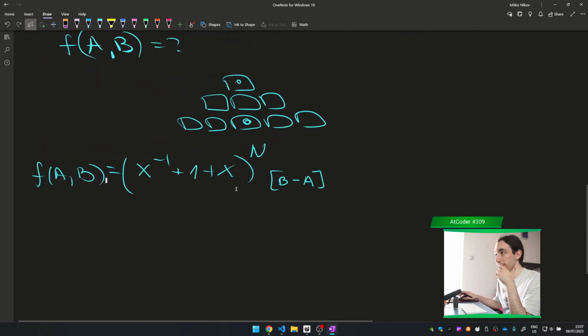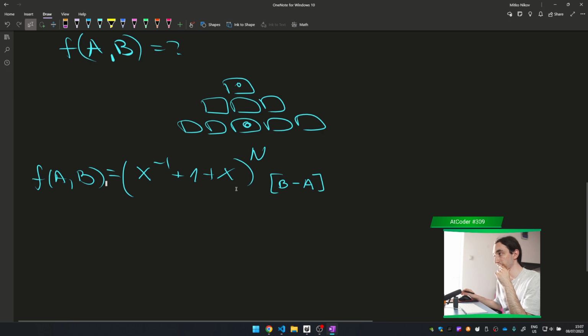But now for all of these pairs, we cannot just do that. But this polynomial can be all pre-computed. And then for all of these pairs, what we want is just, you have some polynomial.